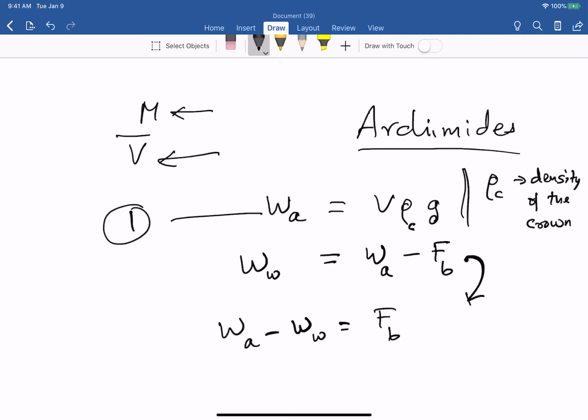So WA minus W water is equal to the buoyant force. The buoyant force, since the entire crown is submerged in water, is just going to be the volume of the crown times the density of water, rho water, times G. Let's call this equation number 2.